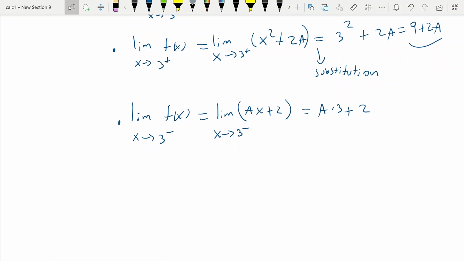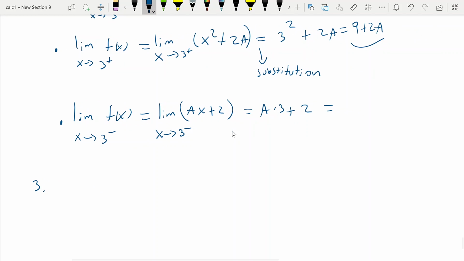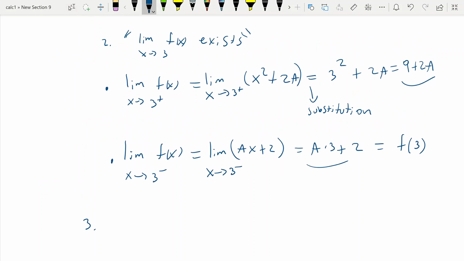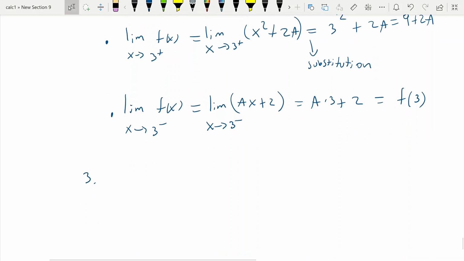So in the third step, let's notice here that this is already the value of f at 3, which we checked in the first step. Okay, so we just need to check that these two expressions, this expression over here and this one at the bottom, agree, because then the function will be continuous at the point.